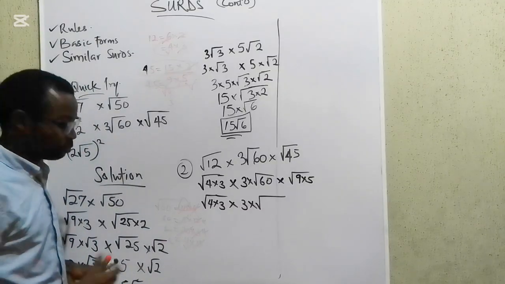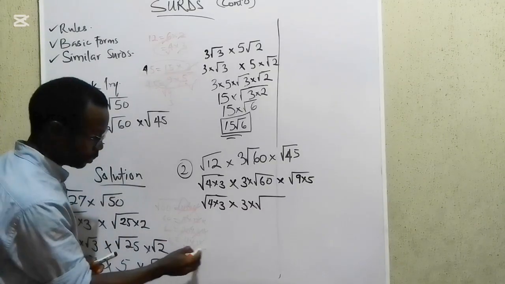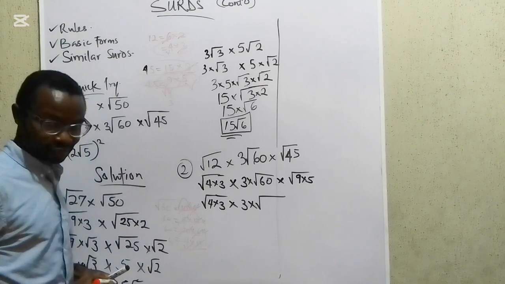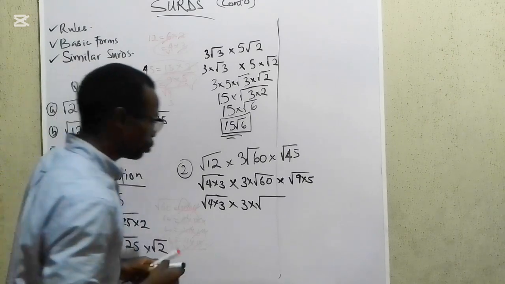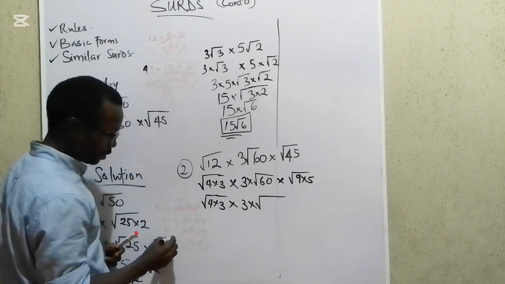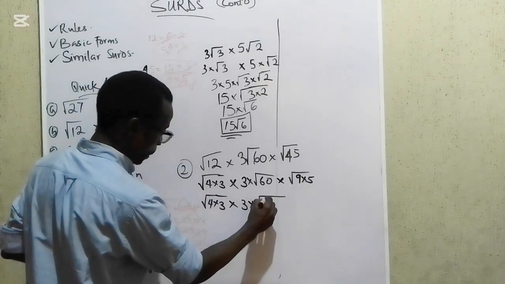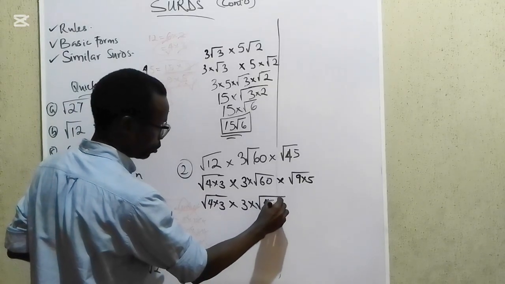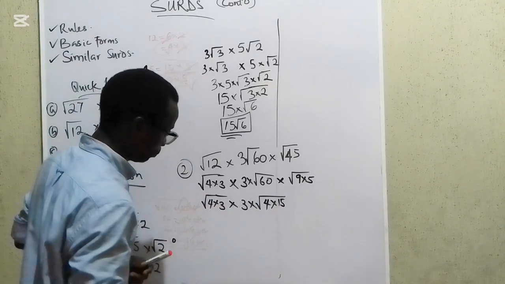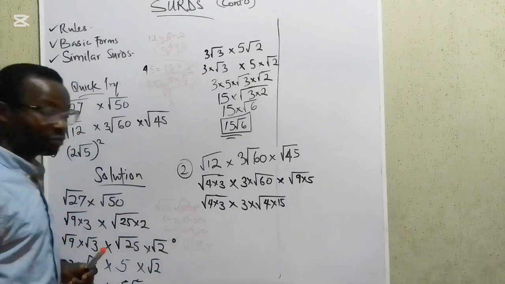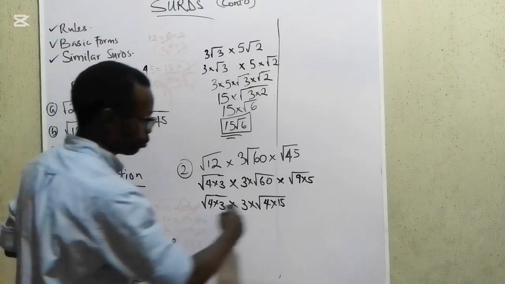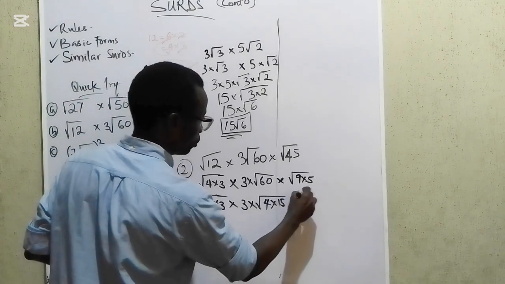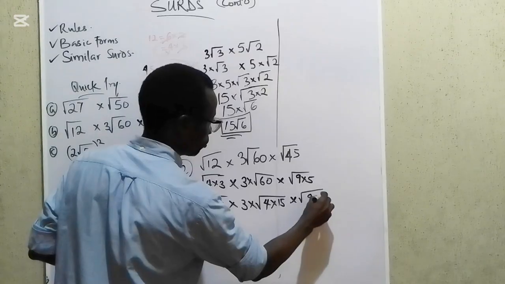Oh, hallelujah. So we're going to pick this combination. So 60 will be represented by 4 times 15. 4 times 15 qualified. And 45 is 9 times 5.